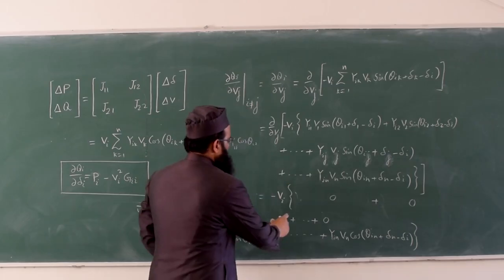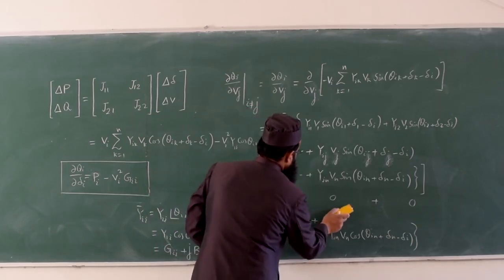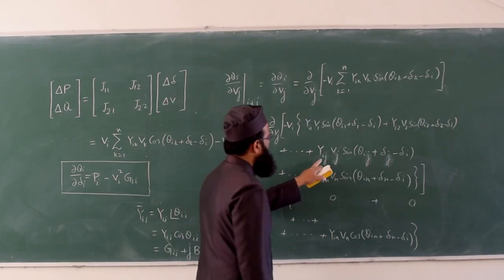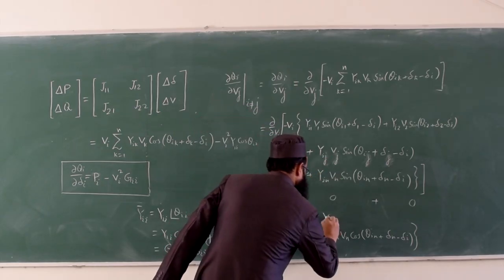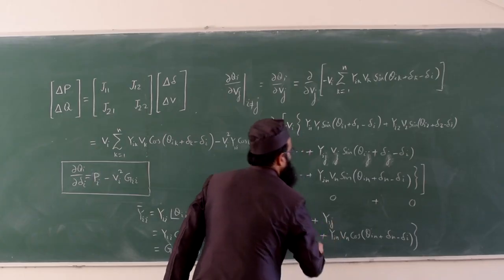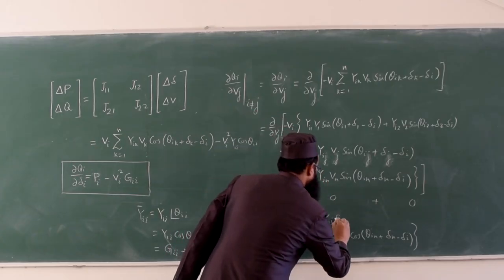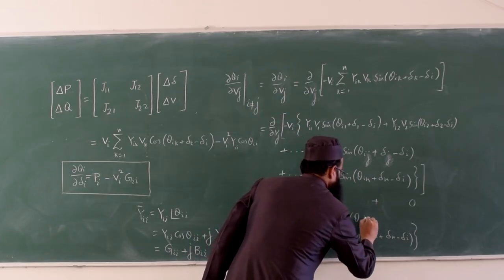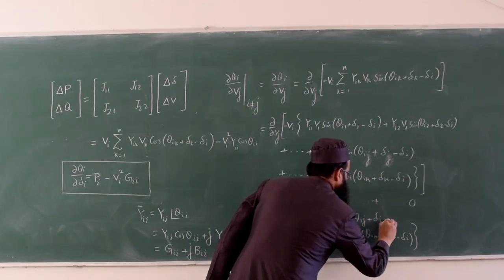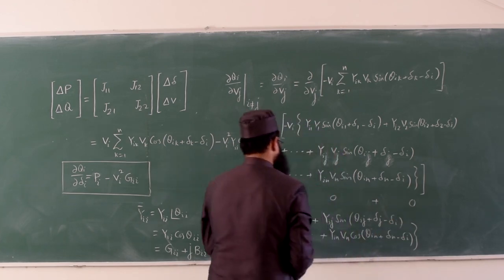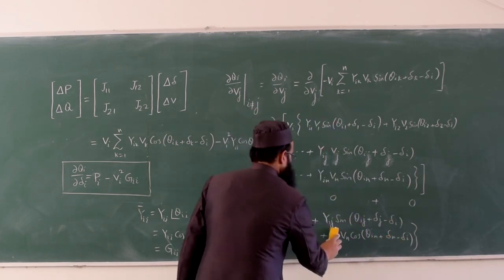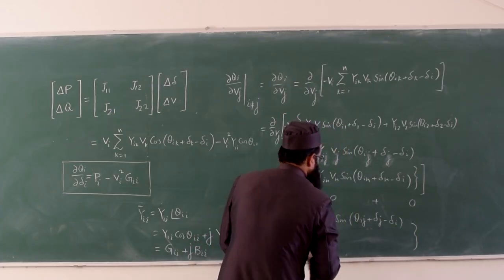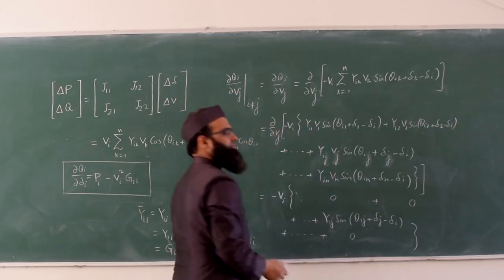Other terms are also 0, but this time the j term with respect to Vj will give Yij, Vj is gone, sine theta ij plus delta j minus delta I. And what about other terms? 0. Only the j term is non-zero, other terms are 0.